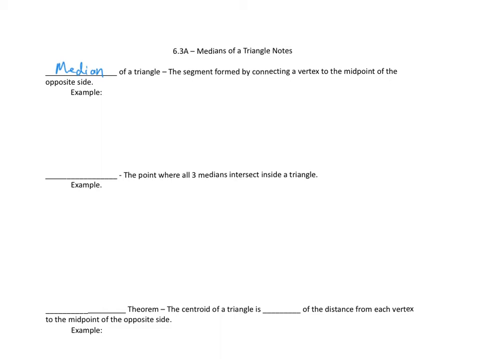So, the vertex is the point of your angle. If I were to draw a triangle like so, and let's say this is A, B, and C, and we'll pick the vertex starting at A, and we want to go to the middle.